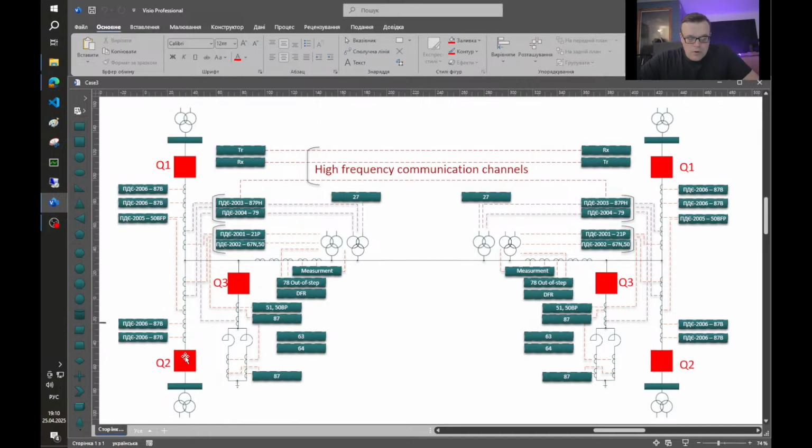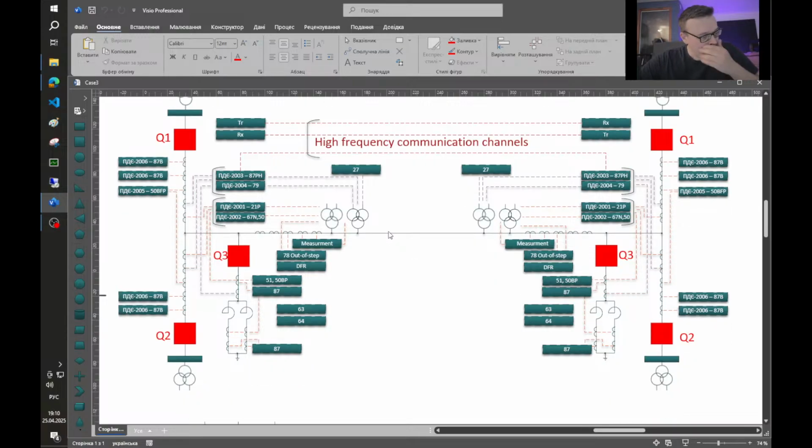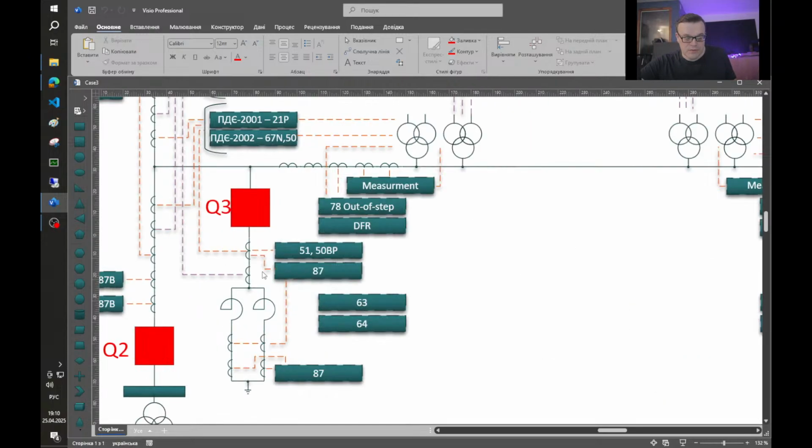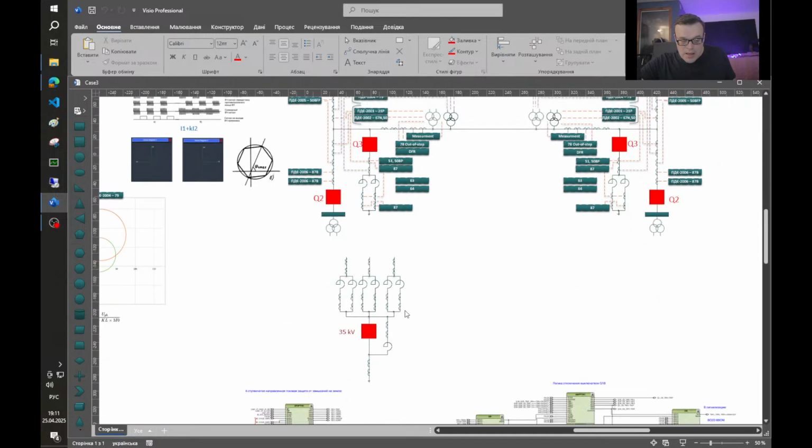There are 4 voltage transformers, and each protection can be switched to any of these voltage transformers. The shunt reactor has 2 branches, and it has 2 different differential protections.